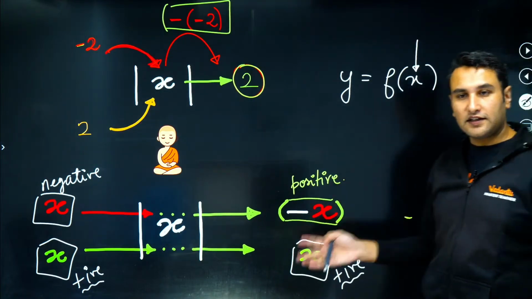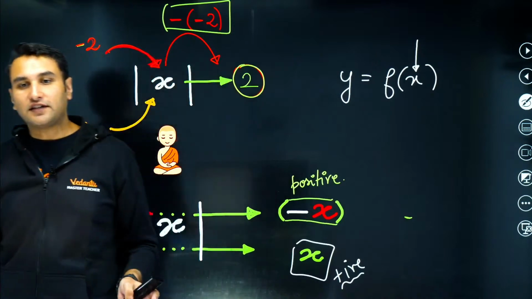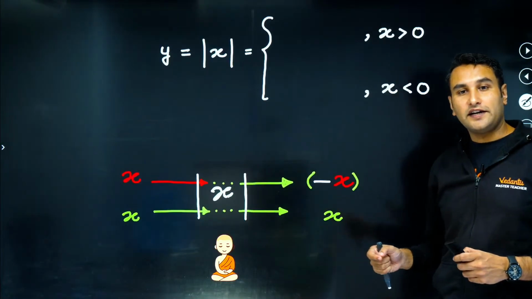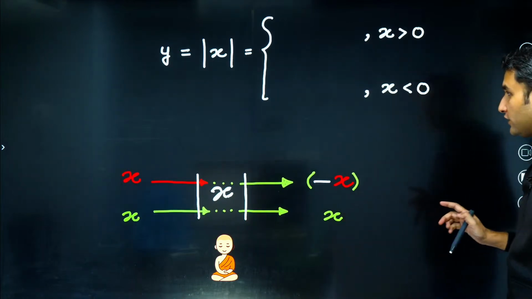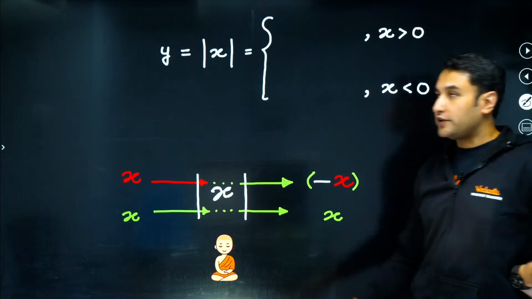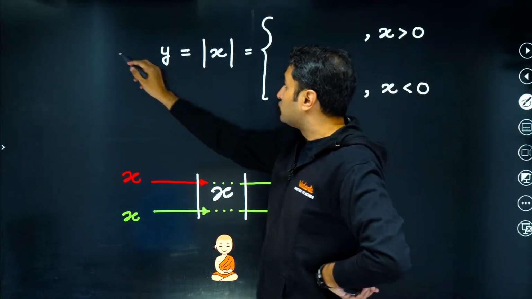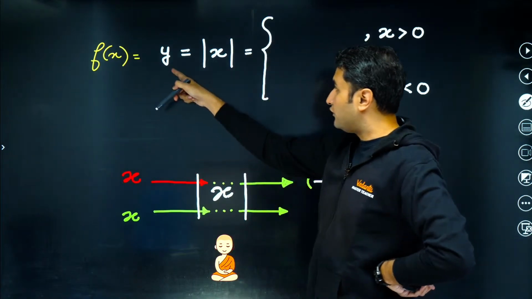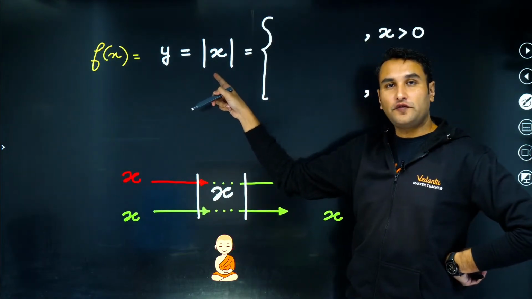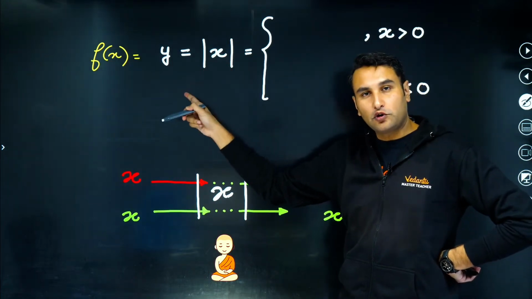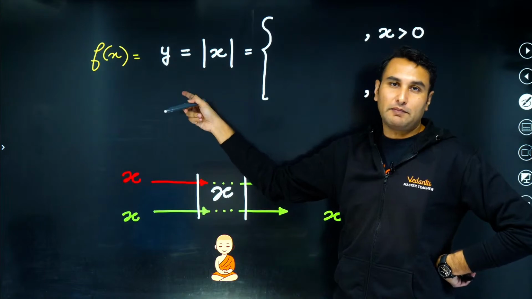Right? Now with this understanding, I hope you got it. Can I generalize it and create a function out of it? So look at this very carefully. Now this is how I define the function. So y, the function of x, is modulus of x or mod x or absolute function x or my Baba function.